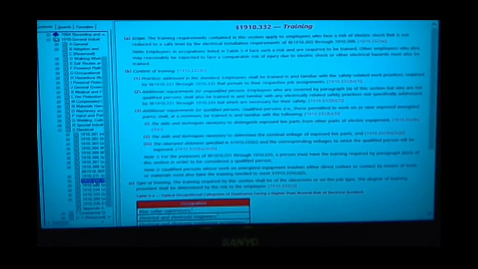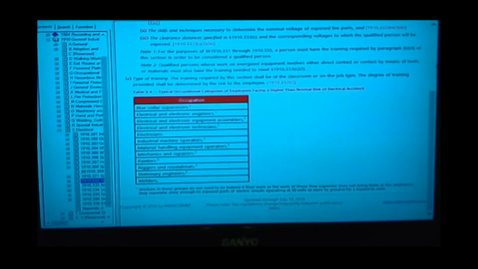Occupations that require more training more frequently are listed here: blue-collar supervisors, electrical and electronic engineers, electrical and electronic equipment assemblers, electrical and electronic technicians, electricians, industrial machine operators, material handling equipment operators, mechanics, repairers, painters, riggers, roustabouts, stationary engineers, welders. These all are going to require a greater amount of training due to their occupational hazards.